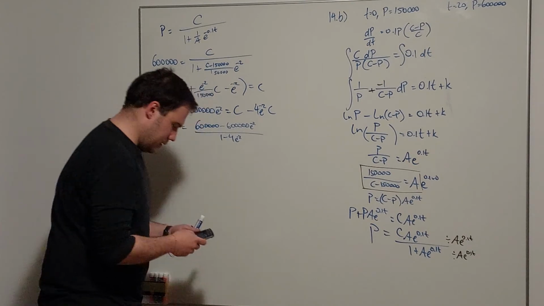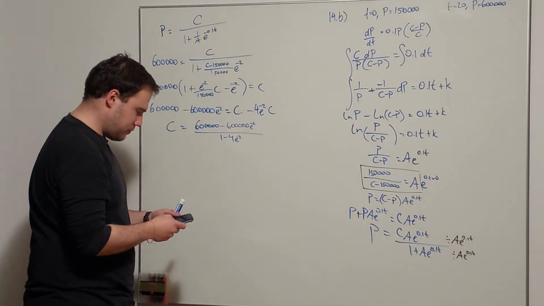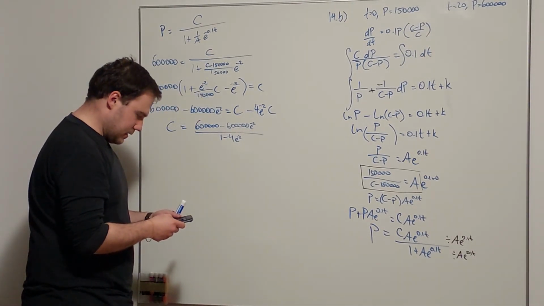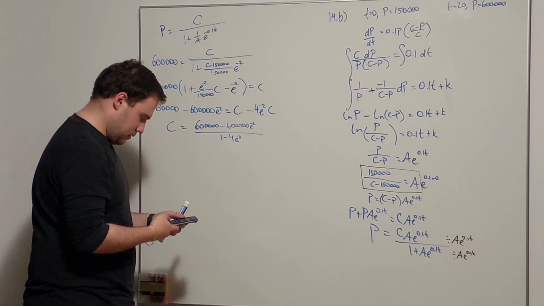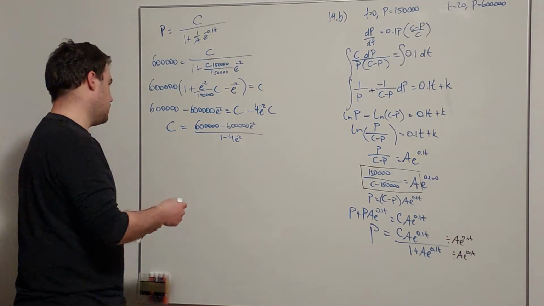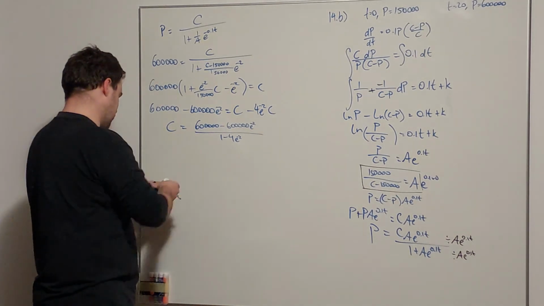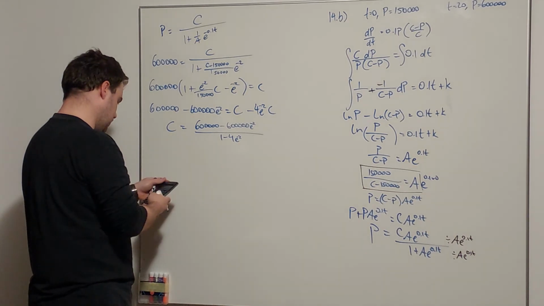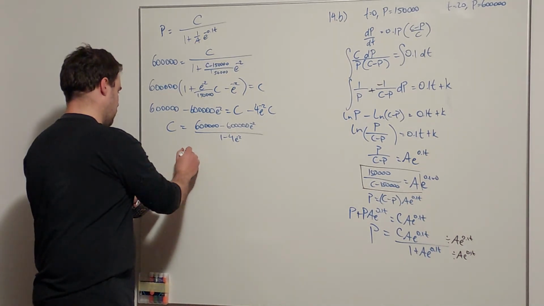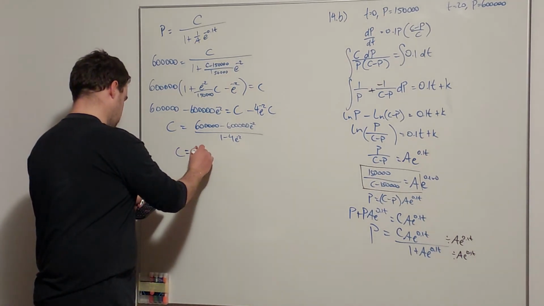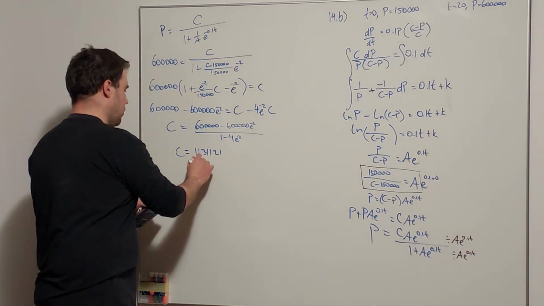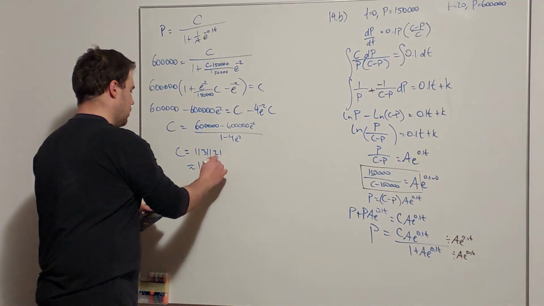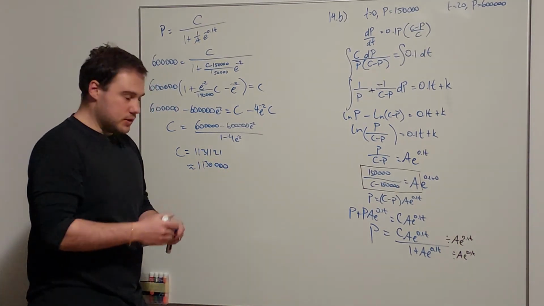I think, let's double check that. Classic. The classic rogue negative. It's 1,131,121, which is approximately 1,130,000 as requested.